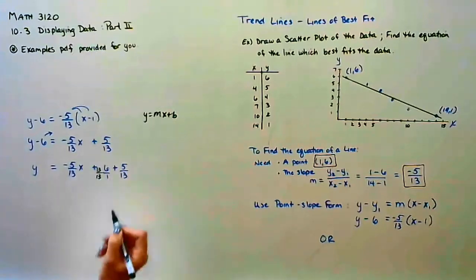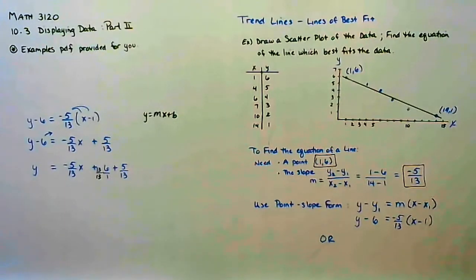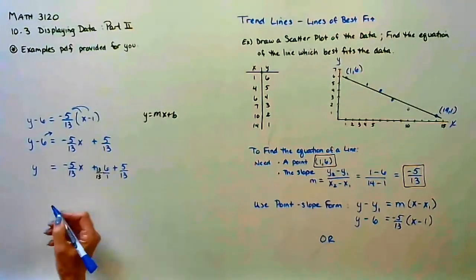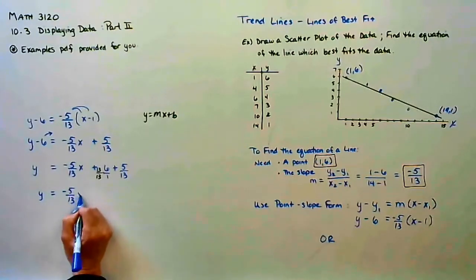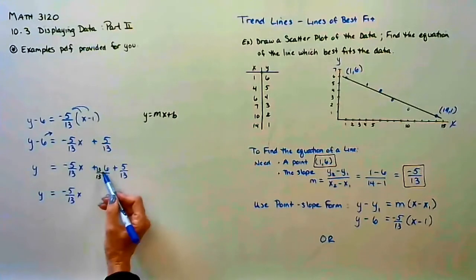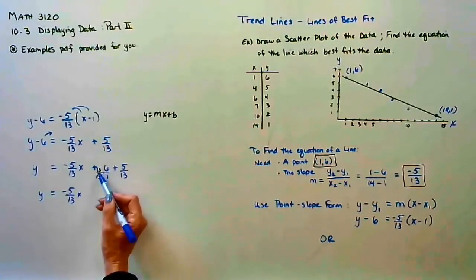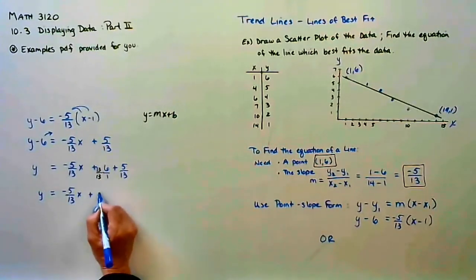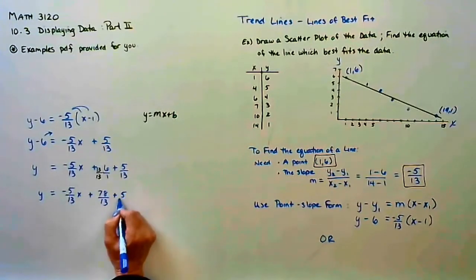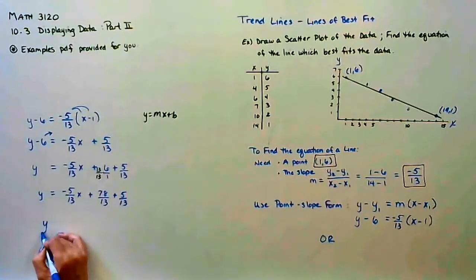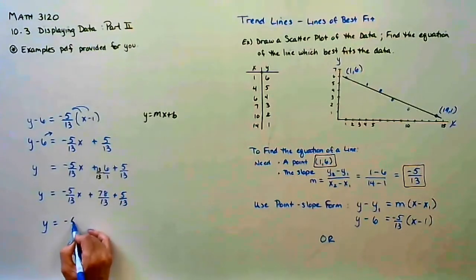Well, in order to add this, or you could have said 6 and 5/13, I need to have a common denominator. So I need to multiply the 6 by 13 over 13. Negative 5 over 13x. 13 times 6, let's see, that's 10 times 6 plus 3 times 6. 10 times 6 is 60, 3 times 6 is 18.